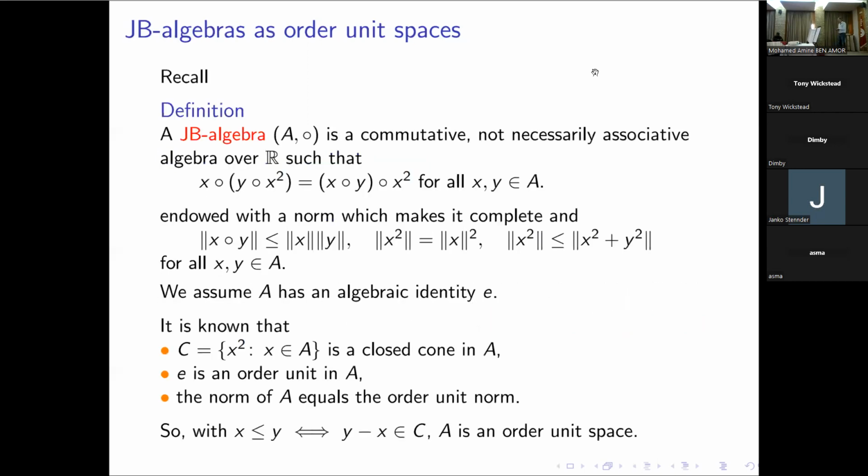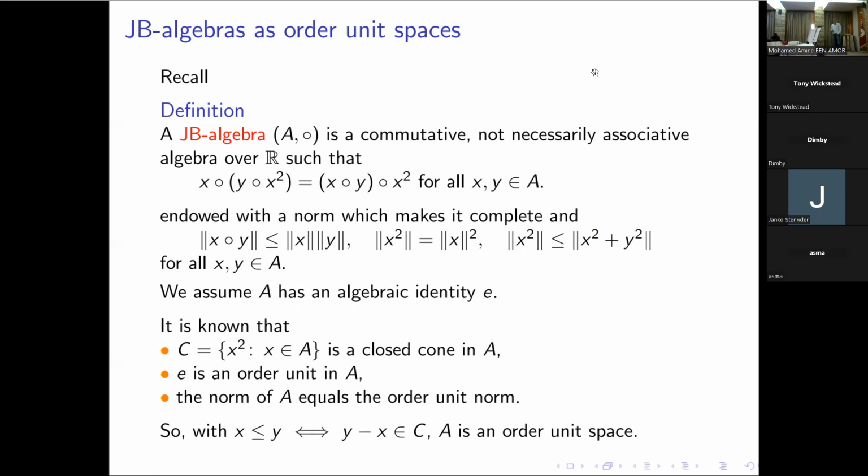Okay, let us now combine the two. So we had these Jordan algebras with a cone of squares. I repeated here what the definition was. And I will always assume that we have an algebraic identity. And as I said, the cone of squares is indeed a closed cone. The algebraic identity is an order unit.